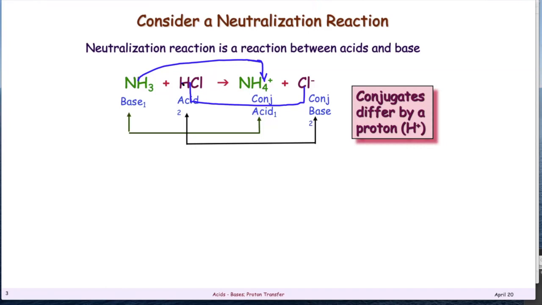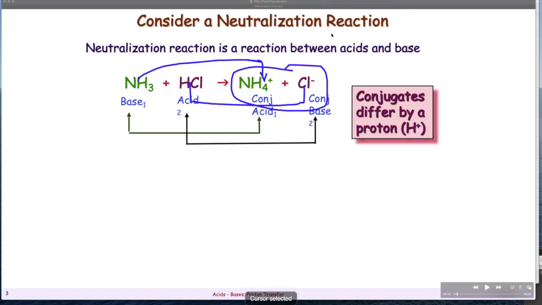When an acid-base reaction occurs, the hydrogen is transferred. And if you look at the products, the base becomes the conjugate acid, and the acid becomes the conjugate base. So that's something about acid-base chemistry, that you do get these conjugate pairs that form.